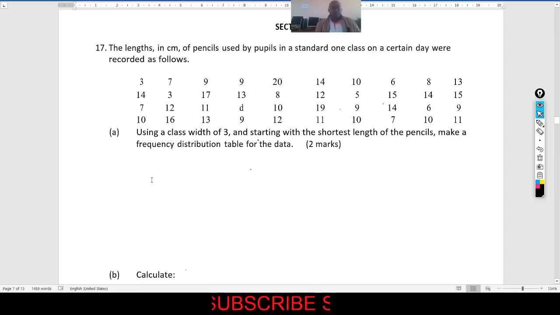Question number 17, I want to do a bit of correction on the question that we did, question number 8 of section A. The question was on similarity and enlargement, and it was talking about mass.